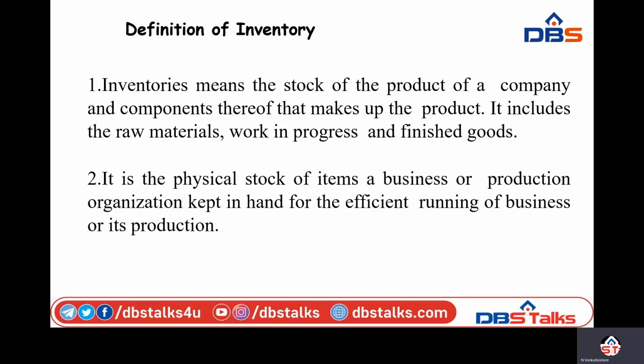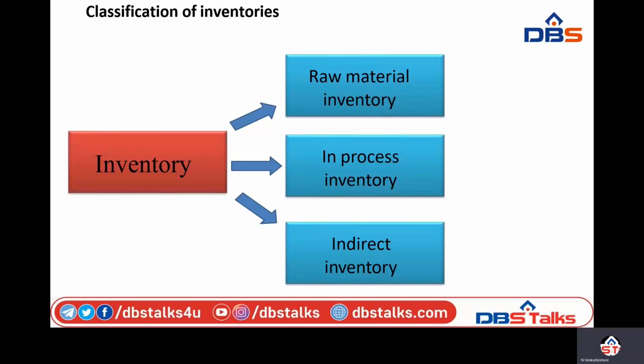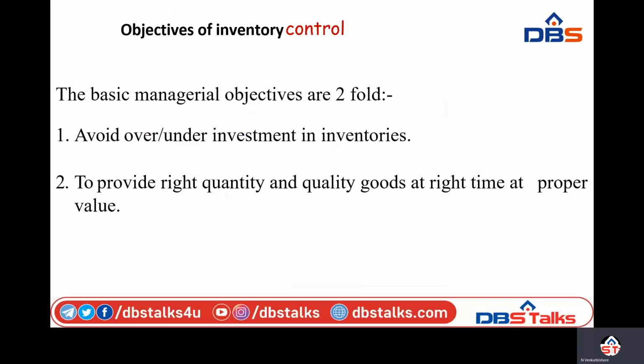There are mainly three classes of materials that are to be purchased. So inventory is based on raw material inventory, in-process inventory and indirect inventory.